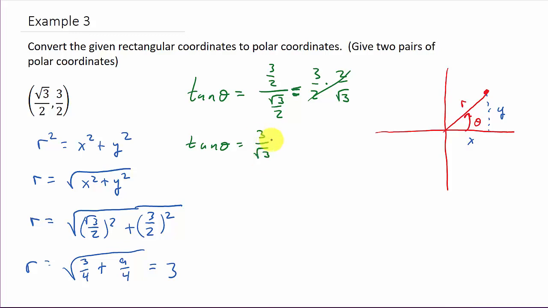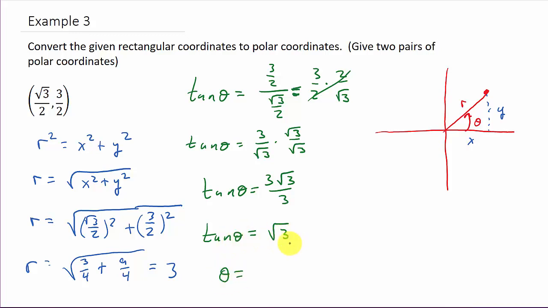And I like to go ahead and rationalize the denominator. So remember how to do that. So I get tangent theta is 3 square root of 3 over 3. So we get tangent theta is square root of 3. All right. So that's going to tell us theta.